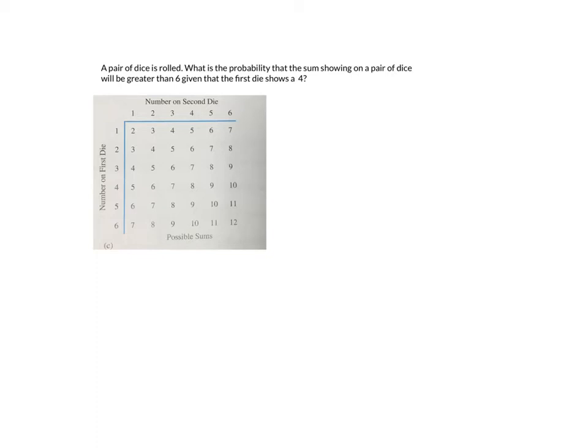So the first one, this is a conditional probability problem. Because we are being asked to compute a probability given a condition, and that's given that the first die shows a 4.